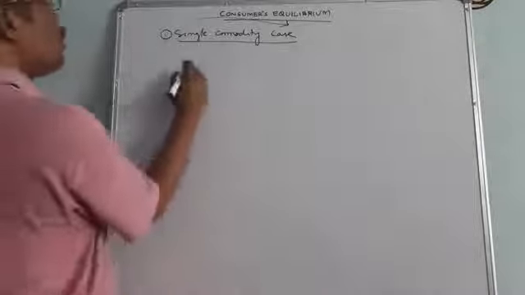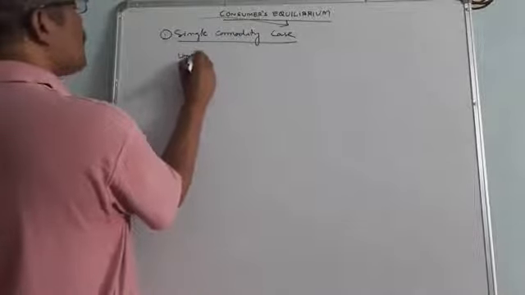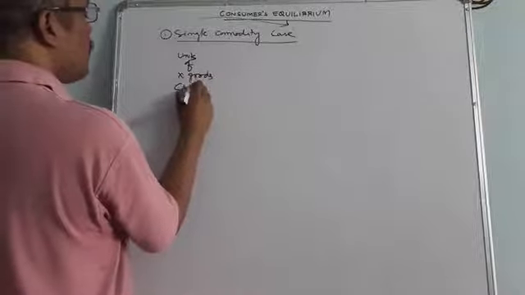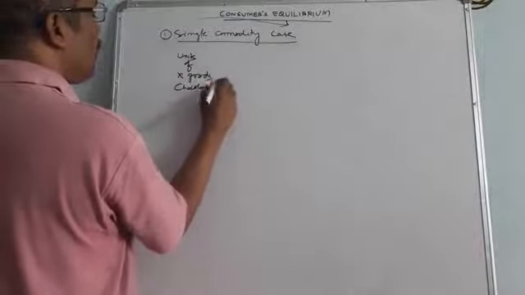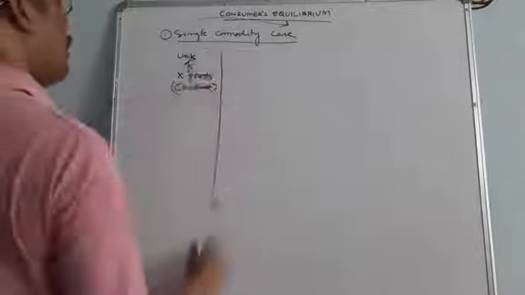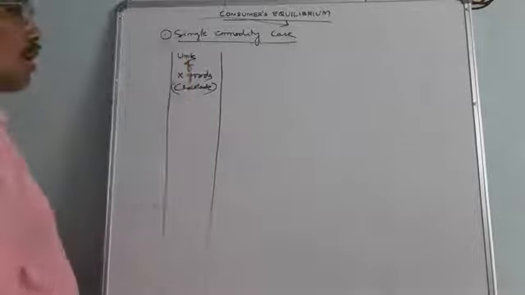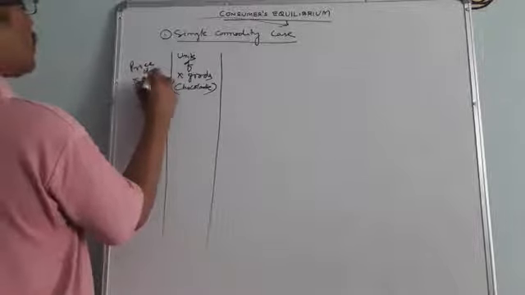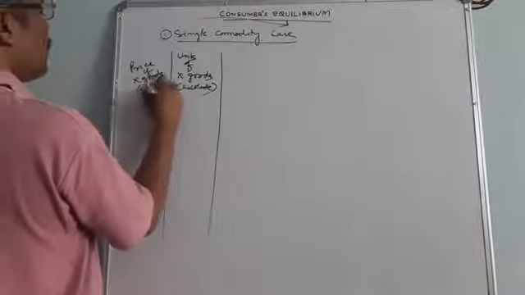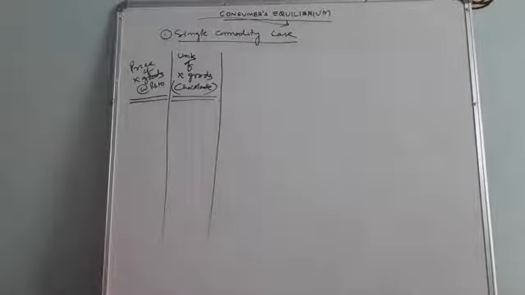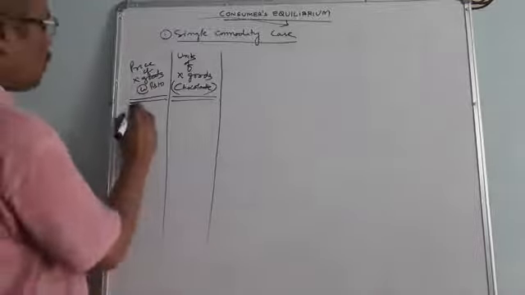Chocolate is our X good, and the price of X is 10 rupees. When you want to consume the chocolate, you pay 10 rupees.